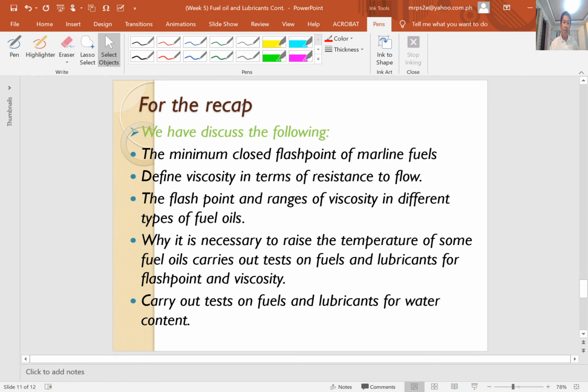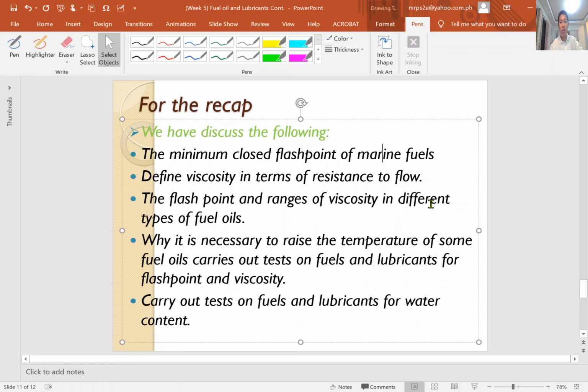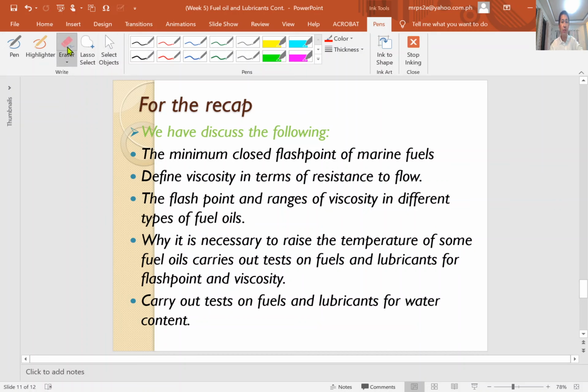So for the recap, we have discussed the following: the minimum flash point of marine fuels. We discussed also the viscosity in terms of resistance to flow. We discussed the flash point and ranges of viscosity in different types of fuel oils.